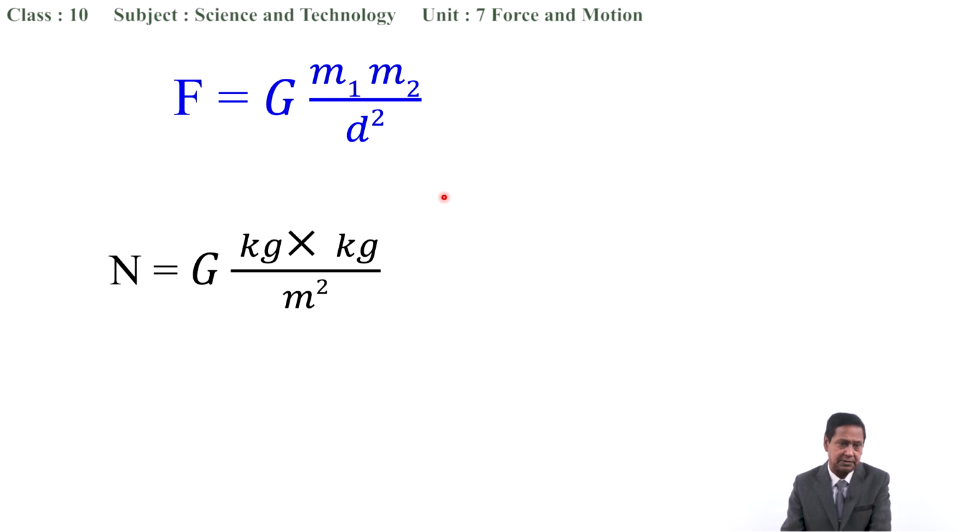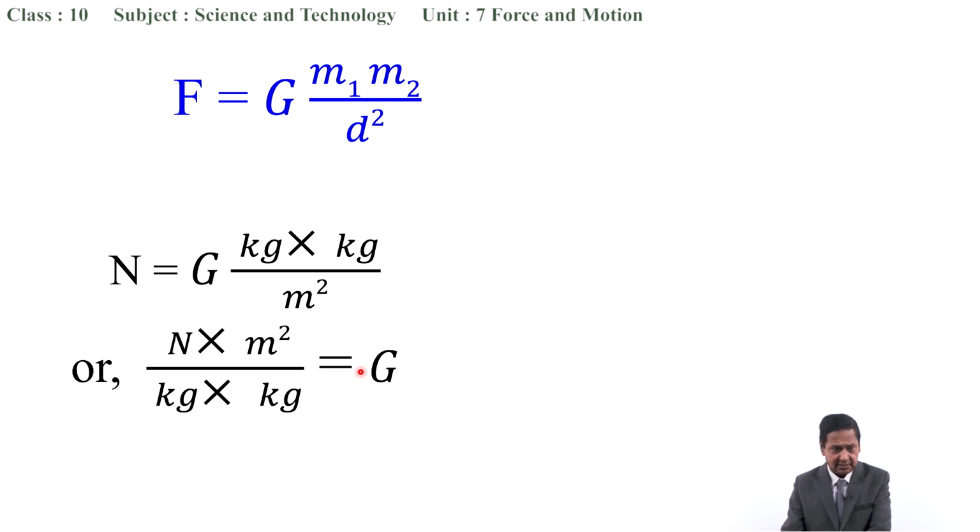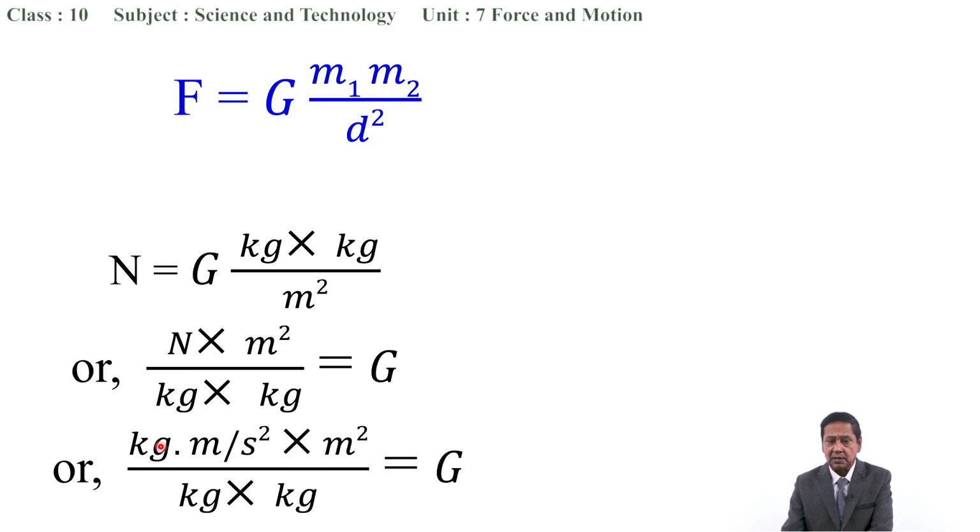In this equation, if we take just the units only, force is measured in Newton, mass is measured in kilogram, distance is measured in meter. And if G is taken to one side, then we will get this. And if we expand Newton, then we get Newton as kg meter per second square into meter square, upon kg into kg, and one of the meters cancels here, and 1 kilogram is cancelled from the denominator and numerator.